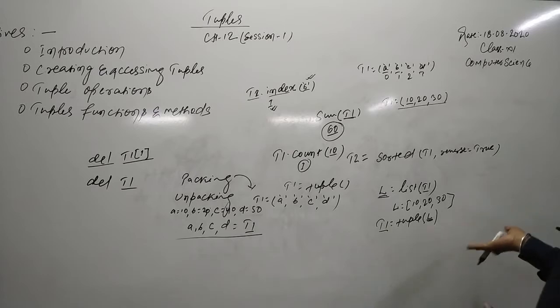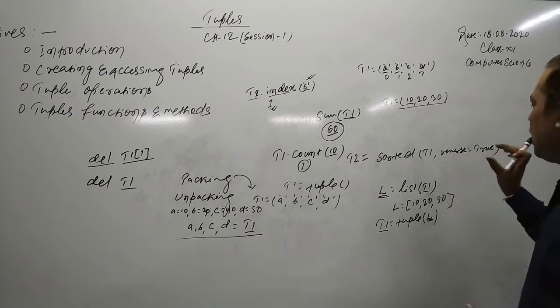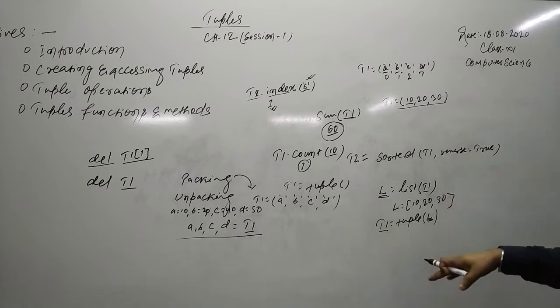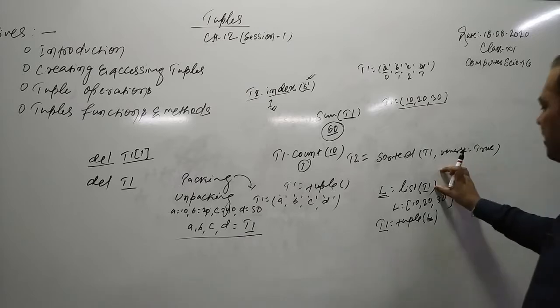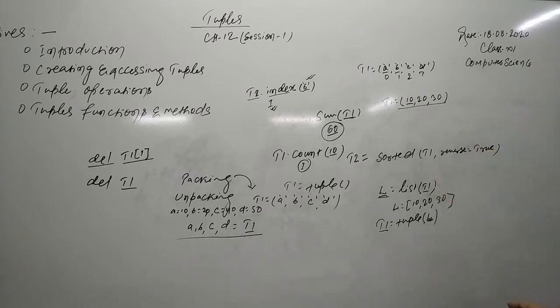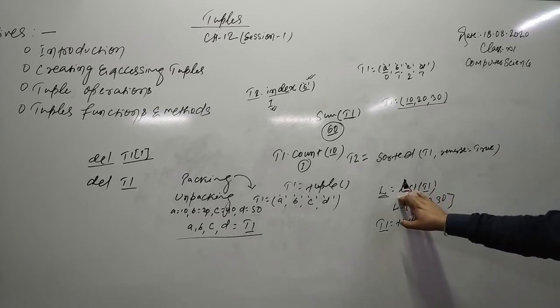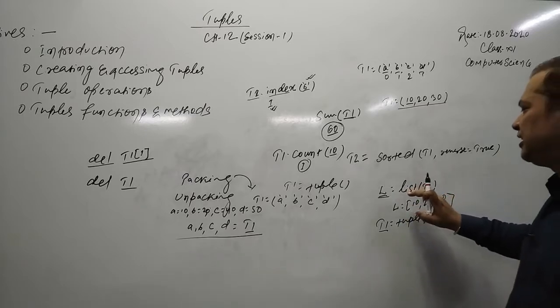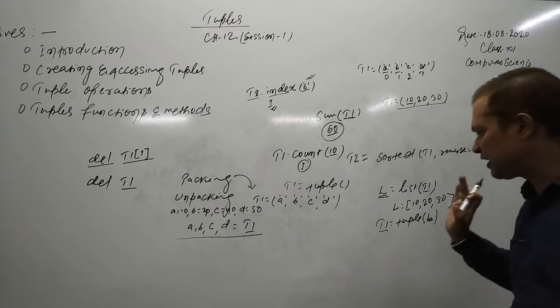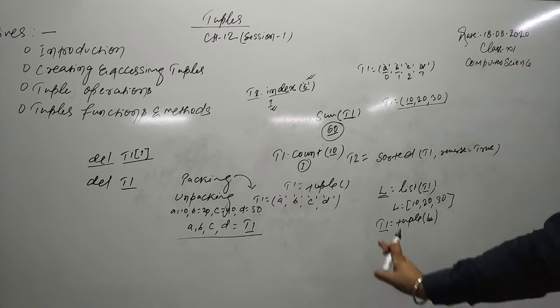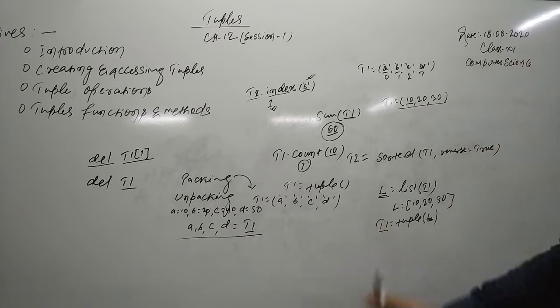You can have the elements of a tuple as a list, and you can have list elements in a tuple, because element-wise there is no difference. The only difference is that in a list you can make changes and change the element position, but that is not possible in the case of a tuple. So this is how you can use a tuple in a list and a list in a tuple.